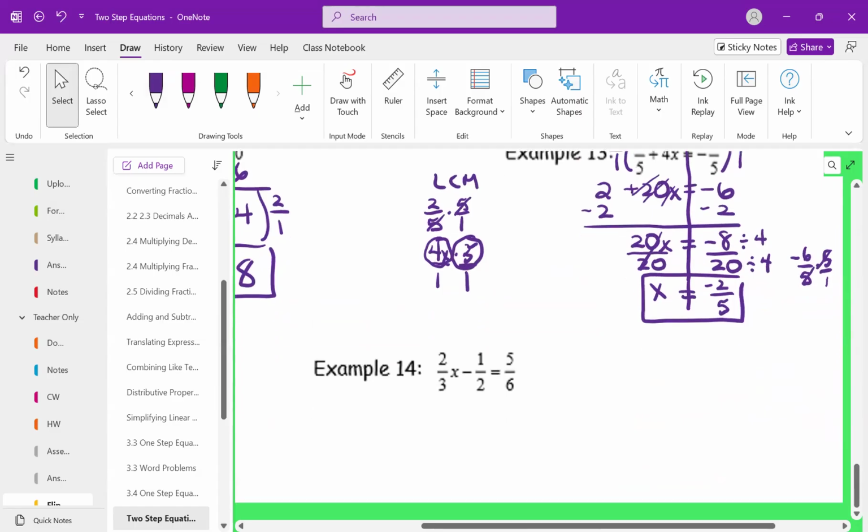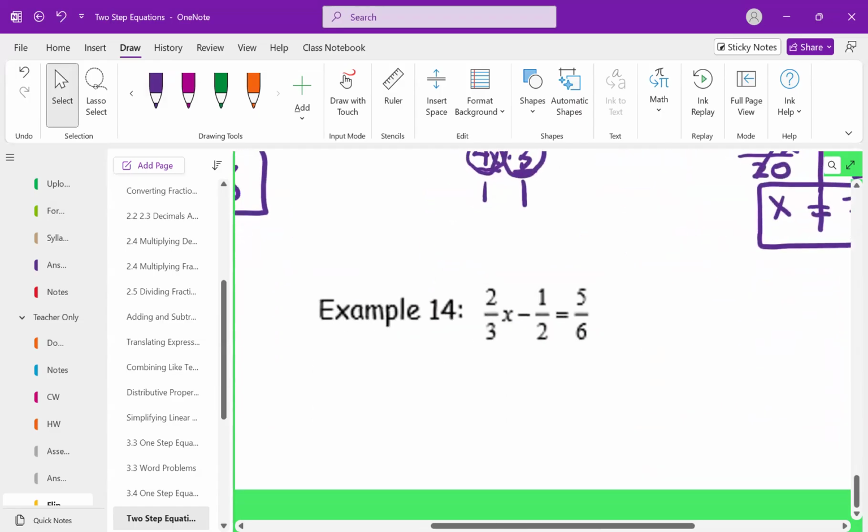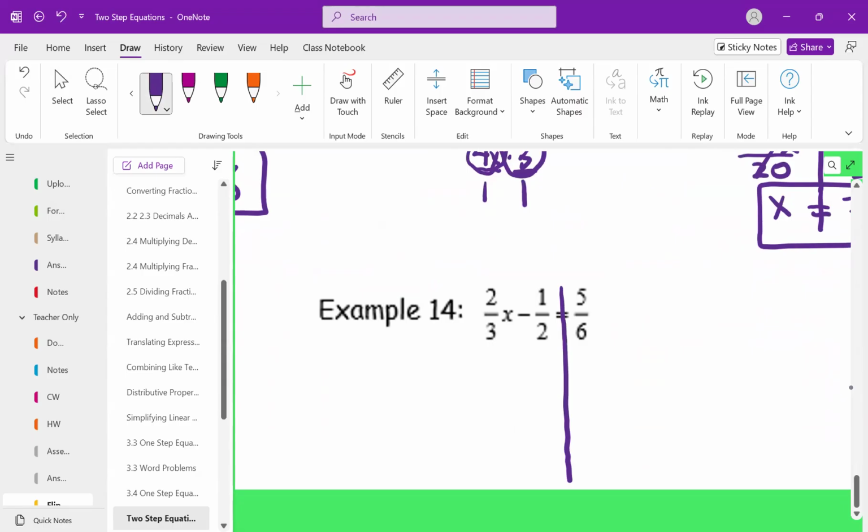Take a look at example 14. This time I have 3 different denominators and 3 fractions. So definitely eliminating the fractions would be easiest here. You don't have to do it that way, but I think it's easier. But you choose. So the LCM here is what between these 3 denominators?